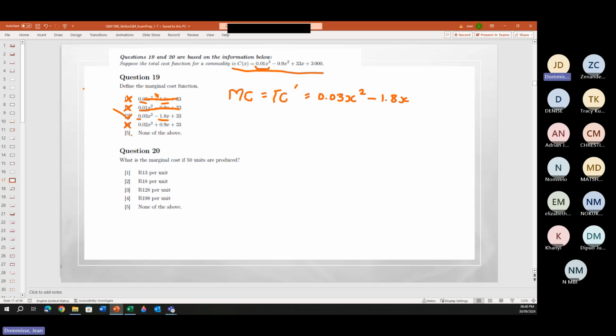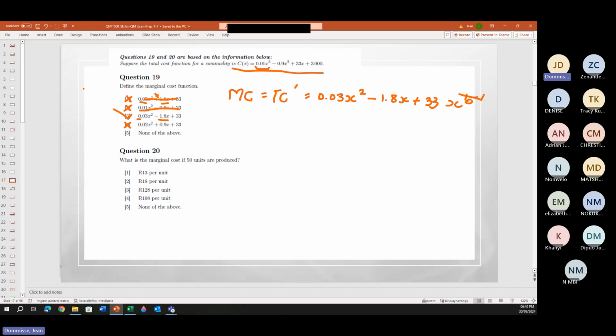I hope they have started to drop the none of the above, but then let's just check the last. So plus 33x, it's plus 33. That's x to the power of 1, so 1 minus 1 is x to the power of 0.